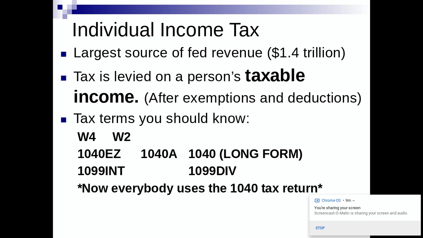Now everybody uses a 1040 tax return form, as we'll get into. So Trump tax law is very similar to Reagan, the trickle-down effect. You lower taxes for the wealthy, hoping that they spend to create more jobs. He re-bracketed the tax income, so what each person pays. So don't worry about that.